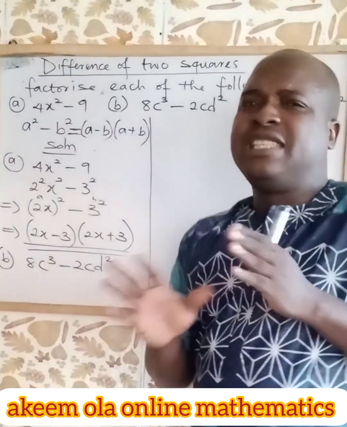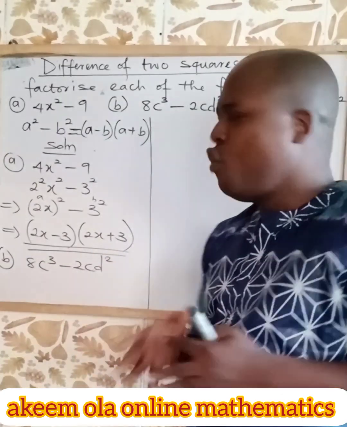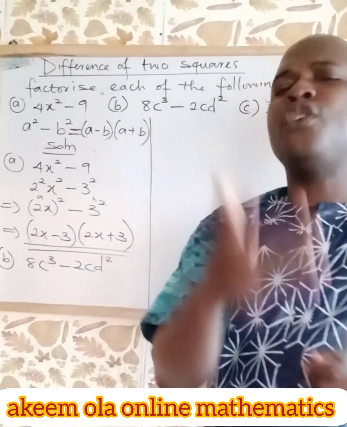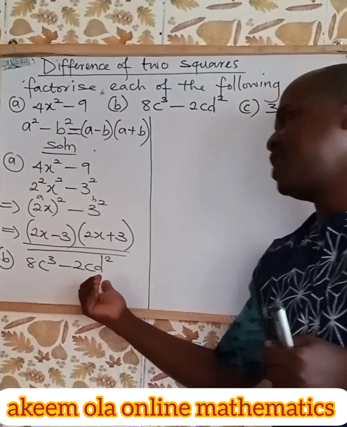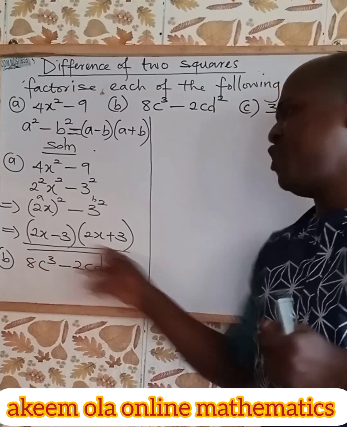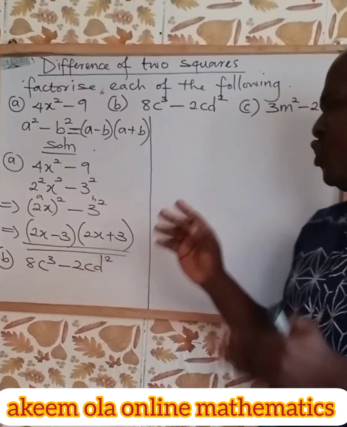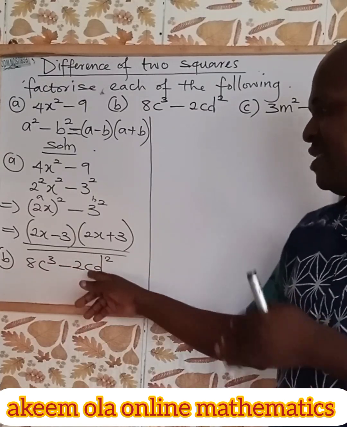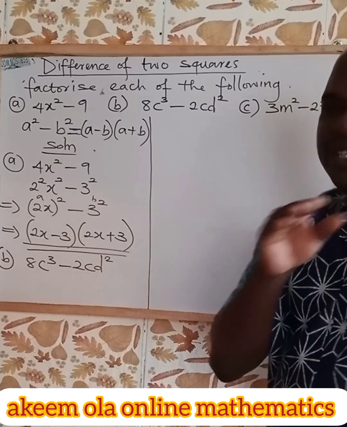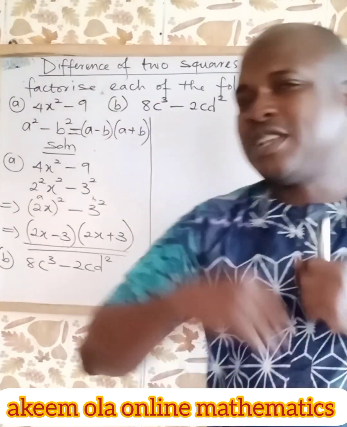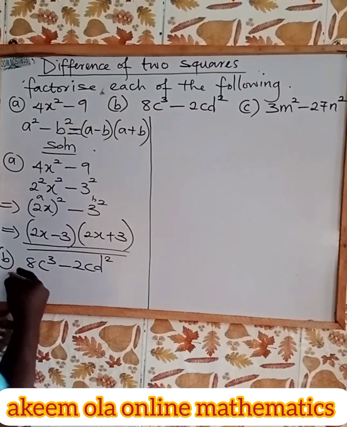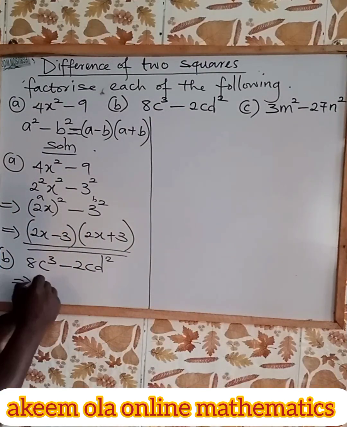So what we have to do in this case is to consider what is common to the first term and the second term. If you look at these two terms very well, you will notice that 2 can go into 8, and you will also notice that c is here and c is also here. That means 2c is common to both. We can move that out. If you move it out, you will have 2c outside, then a bracket.